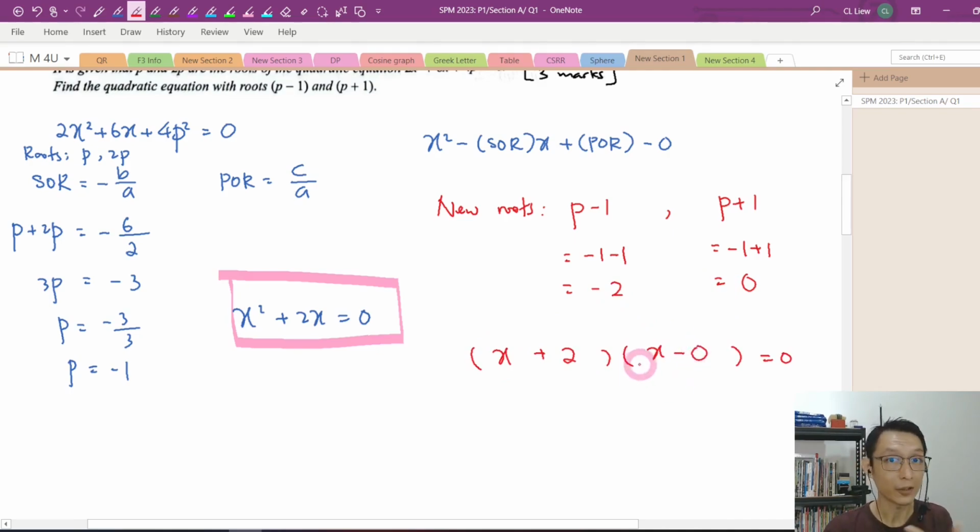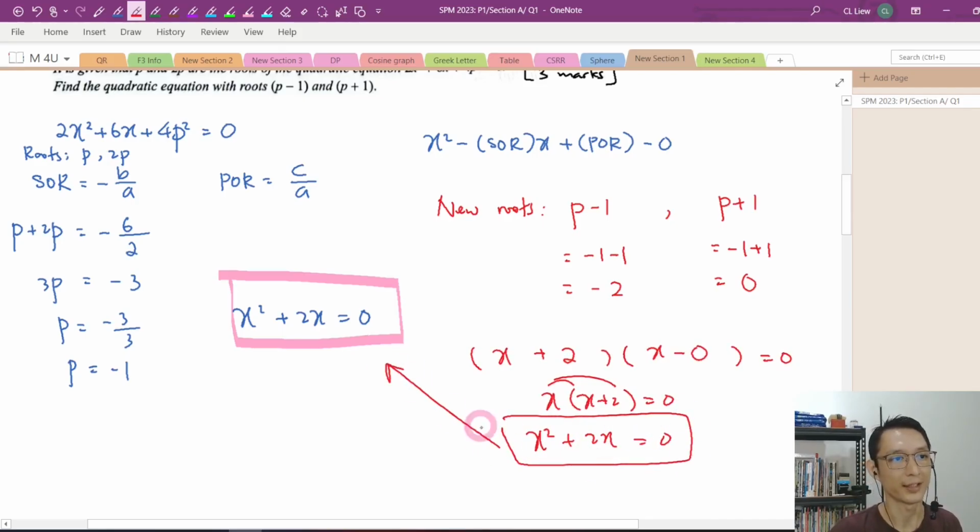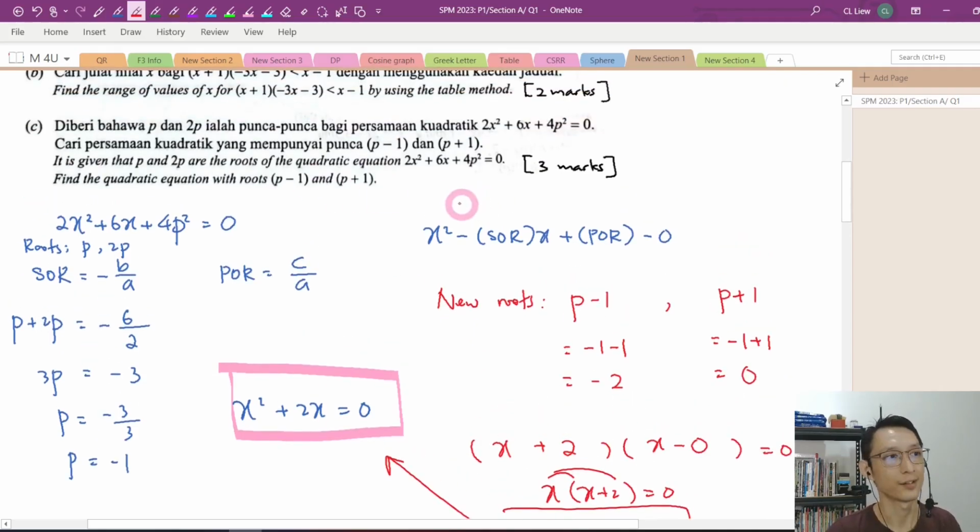So you just do the expansion, then you will be able to get exactly the same answer. x minus 0 is actually equal to x. Do some expansion. x squared plus 2x. Okay, we get exactly the same answer. These are the two ways that we can use to solve this part C.